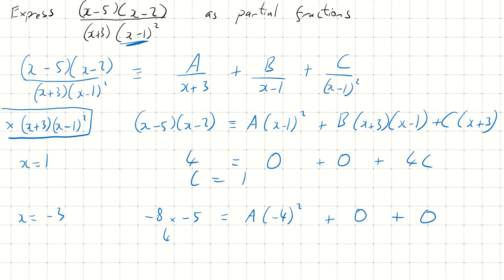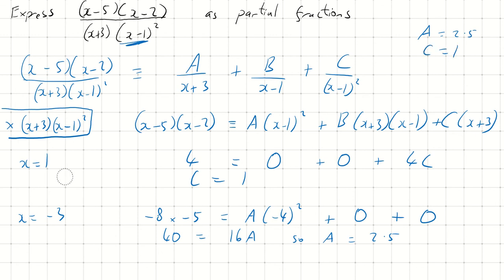So that means 40 = 16A, so A = 2.5. So we've worked out what A and C are. I'll just write them at the top, A = 2.5 and C = 1. We now need to work out what B is.